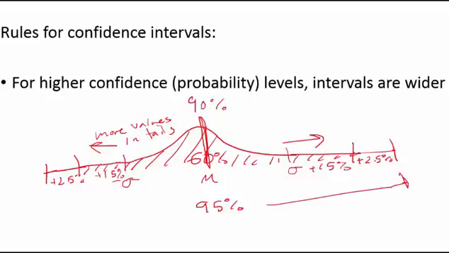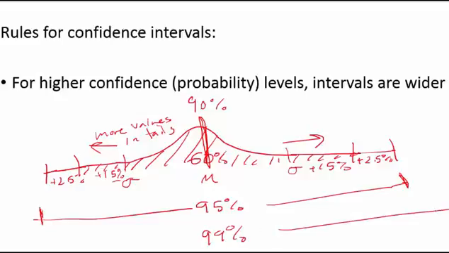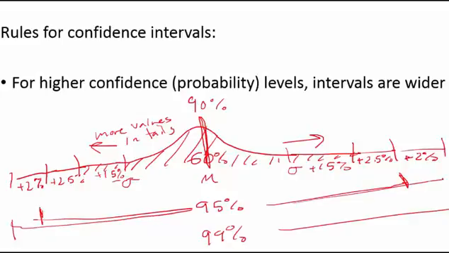And we can set the confidence level wherever we want. We can set it at 96, 98, 99. If I go to 99, I'm going to have to go way out here, and let's see, add another 2% to each side, and another 2%. Okay, so wider intervals give us a higher confidence level and a greater certainty that our estimated parameter lies within range of the true population parameter.